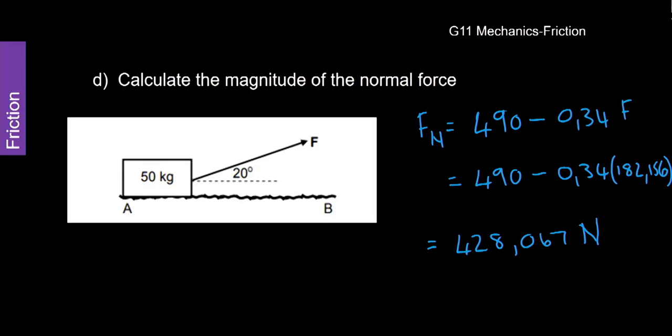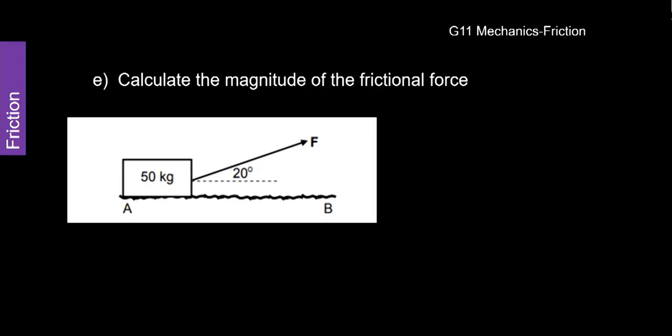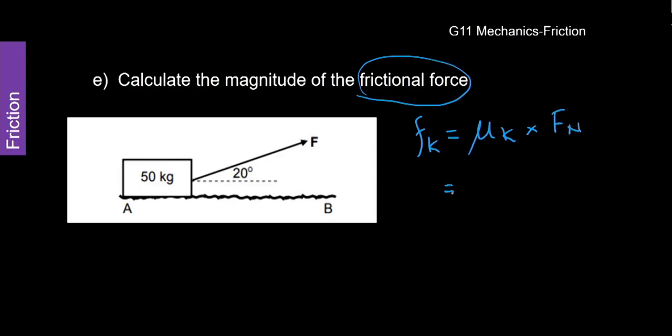Next question. Calculate the magnitude of the frictional force. So this is also pretty easy for us because our frictional force, we know what that is. It's a kinetic frictional force, and that is equal to the coefficient of friction times by the normal force. Now we've already discovered what the normal force is. We've just been asked to calculate that.